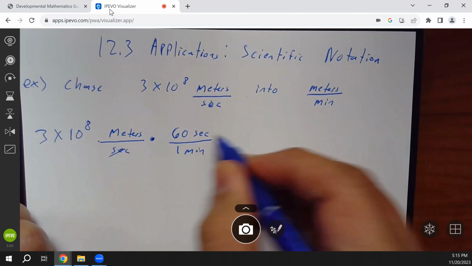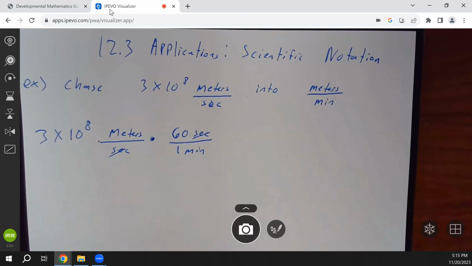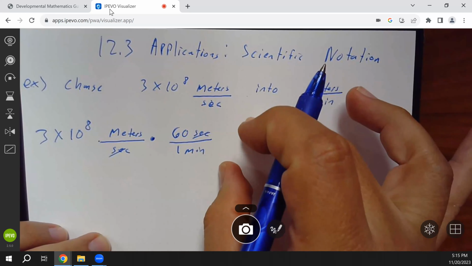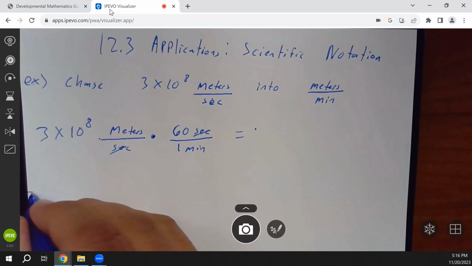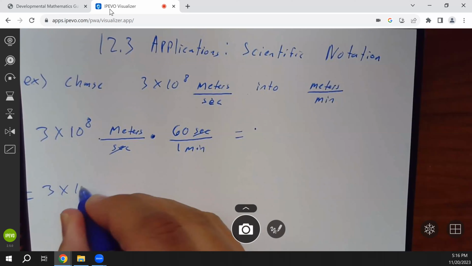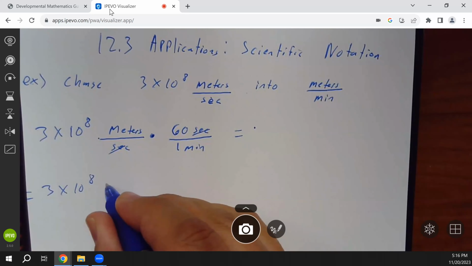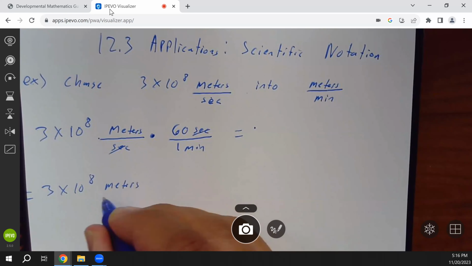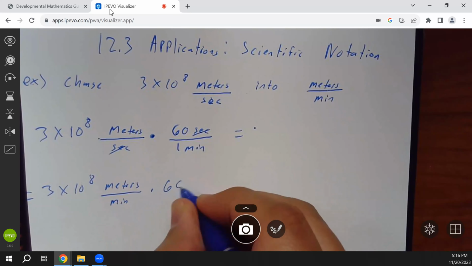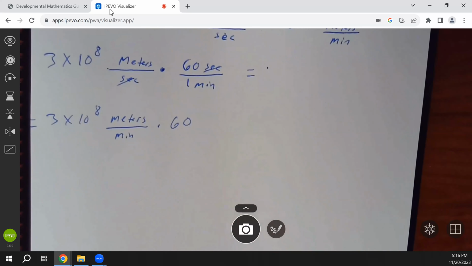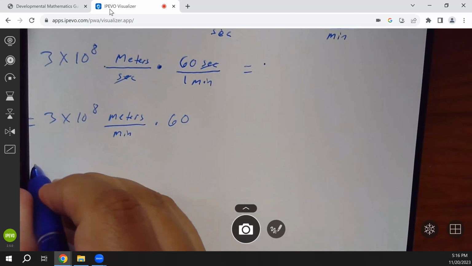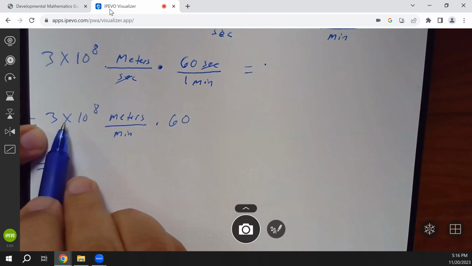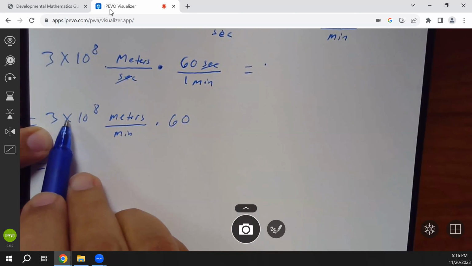Remember that these cancel. I no longer have seconds. That's why I set it up this way. I now have meters per minute. But I gotta deal with this 60. Can't just leave it there. So let's multiply it out. This x is a times.